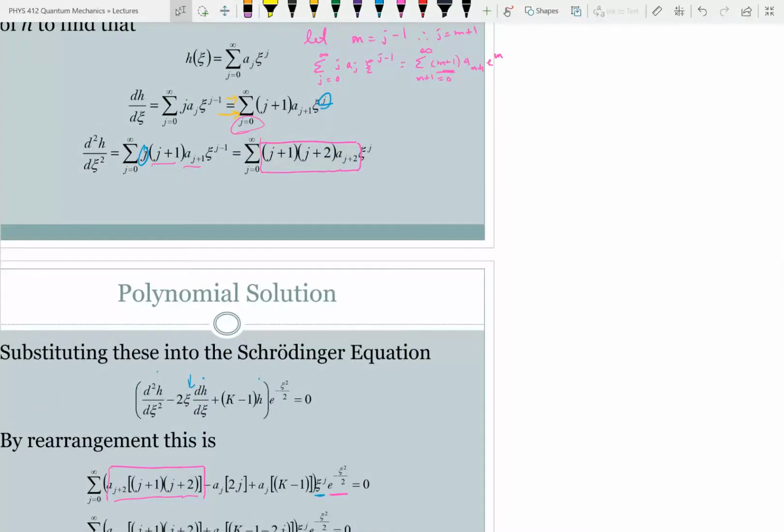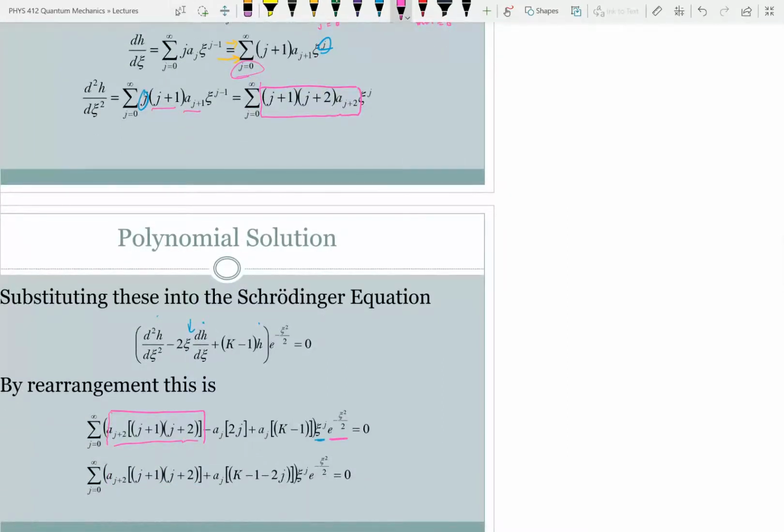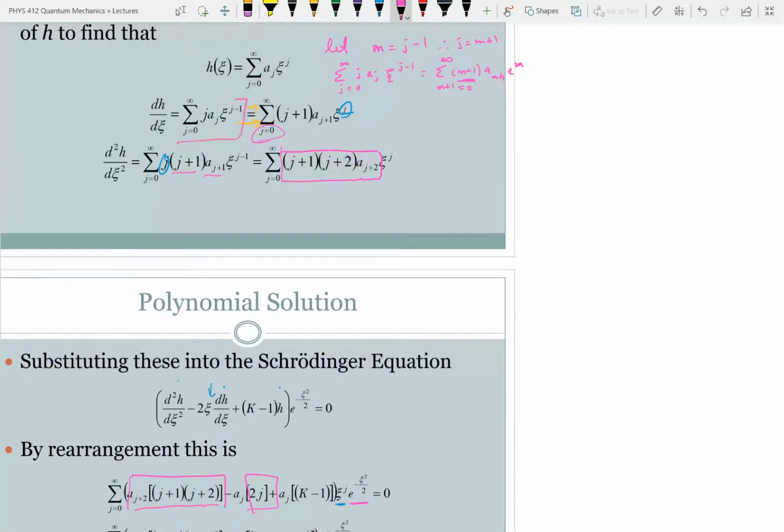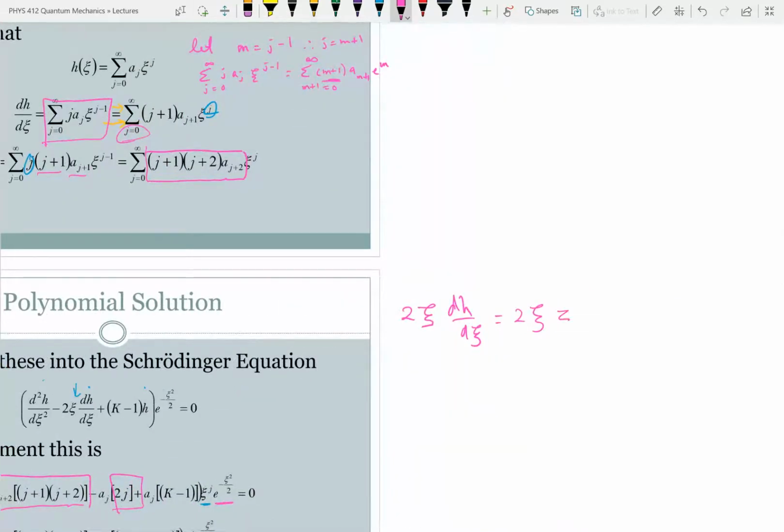So for the second term here, we're actually going to use this form so that we have 2c dh dc is equal to 2c sum over j equals 0 to infinity, j a sub j c to the j minus 1.